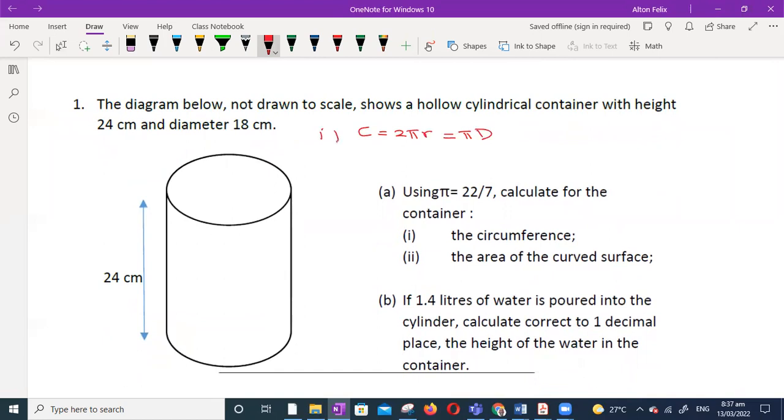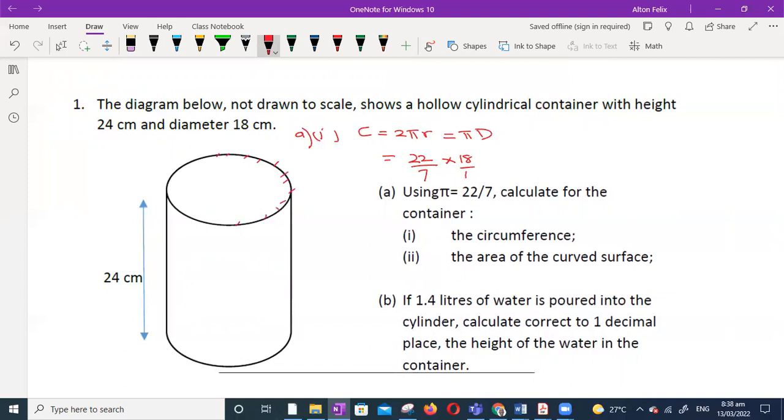So we're looking at part 1 in A. Okay, so we say we are using pi as 22/7, and we are told that the diameter is 18. And we can get an approximate value for the circumference. Remember, the circumference is the distance around the shape itself.